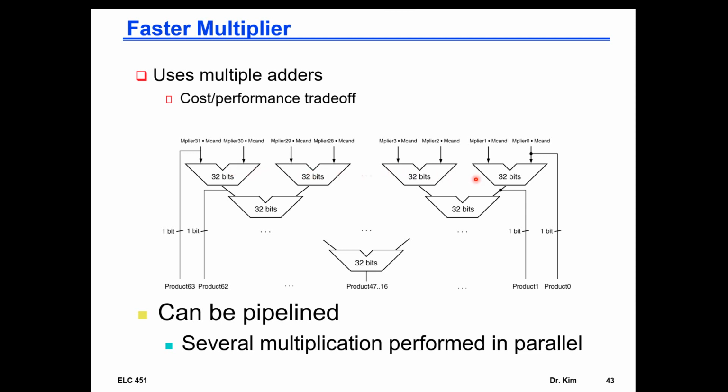So here you add them with 8 adders, which produce 8 results. So you add them with 4 here, producing 4 results. So you add them with 2, which produce 2 results, and then you add them finally with 1. Okay?